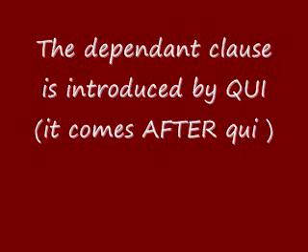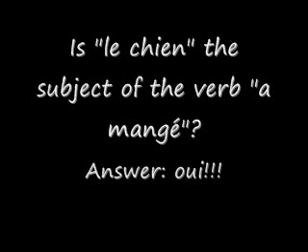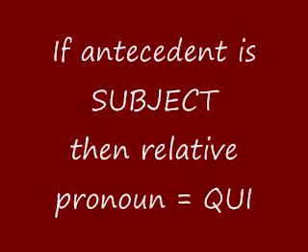So we ask ourselves, is le chien the subject of the action in the dependent clause? In this case, yes. It is the dog that ate the candy. So it is the one that did the action of eating. In this case, le chien is the subject. And we will use qui as a relative pronoun. And here is the formula.